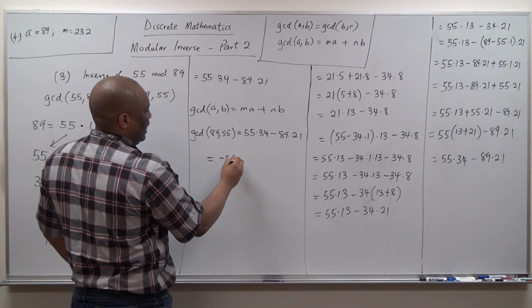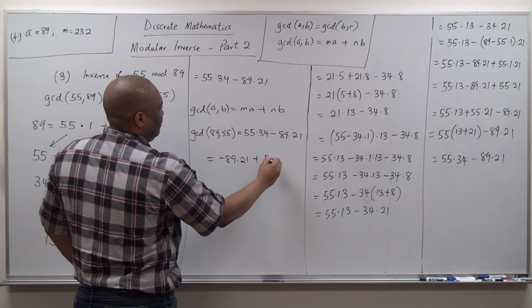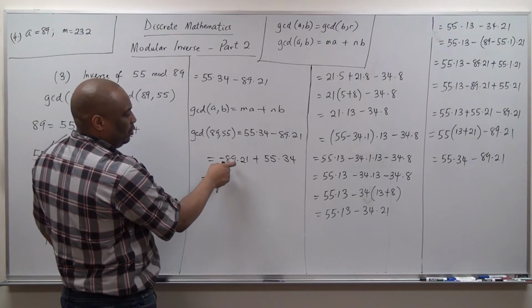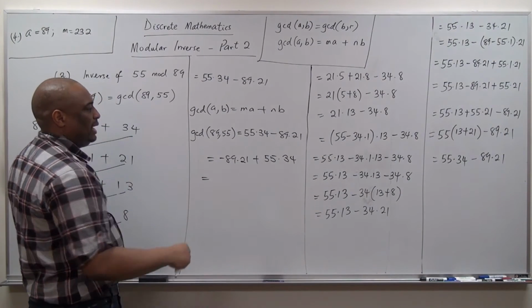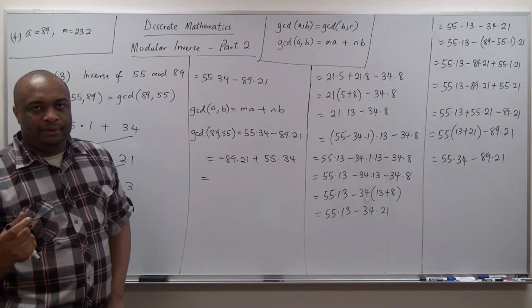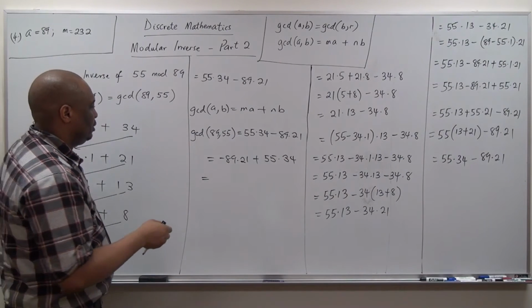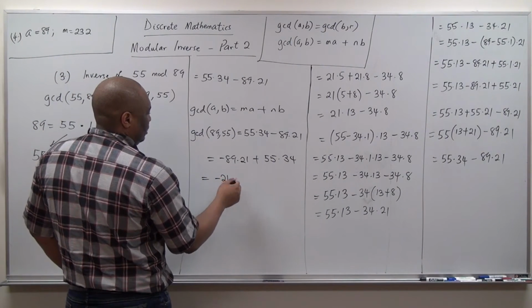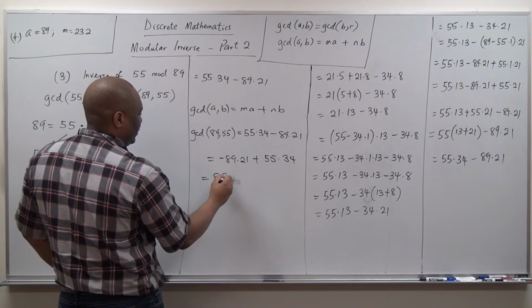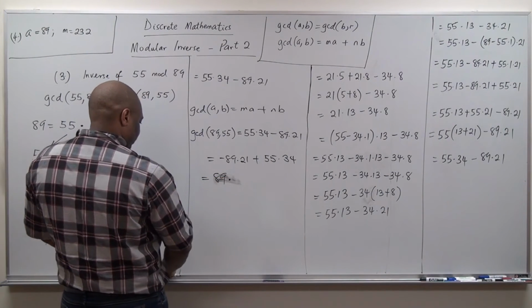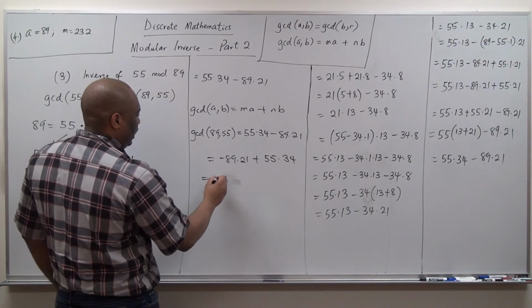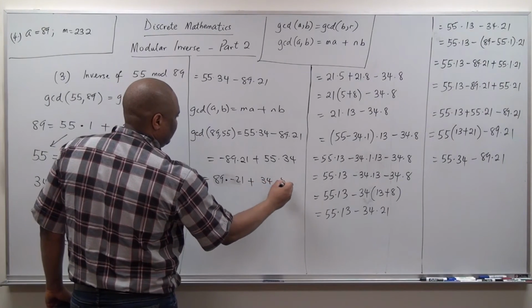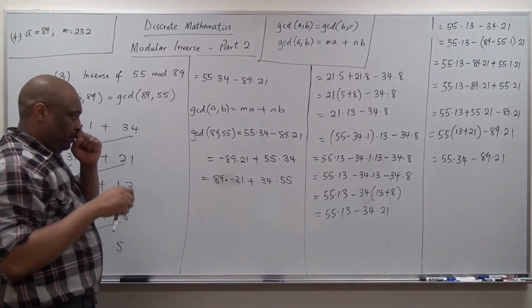This is negative 89 times 21 plus 55 times 34, right? So the 89 is not negative. We can't have the dividend be negative, nor the divisor. So if I break it down, this is 89 times negative 21 plus 34 times 55, right?